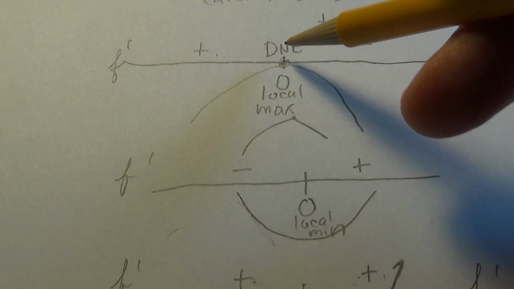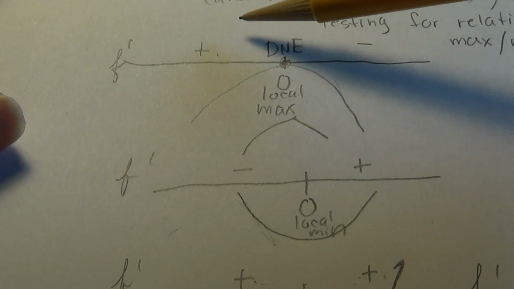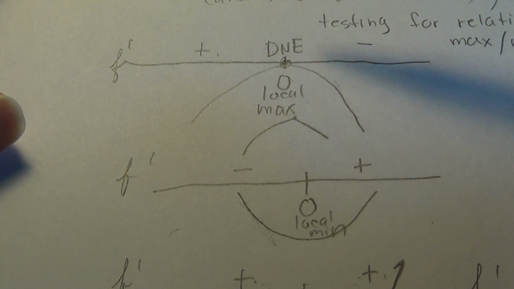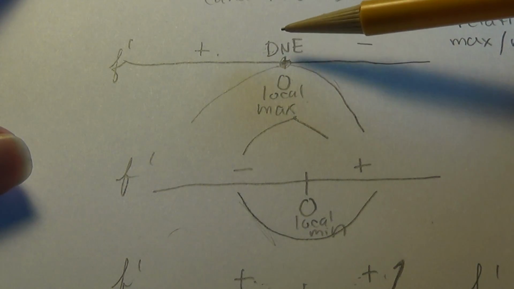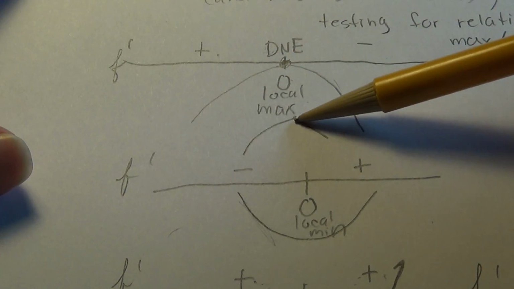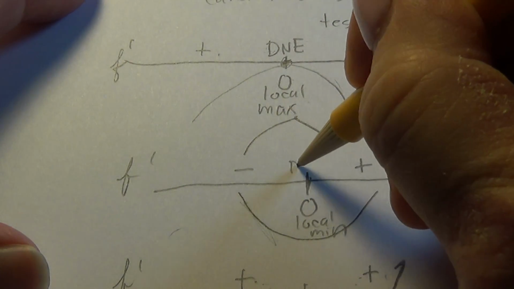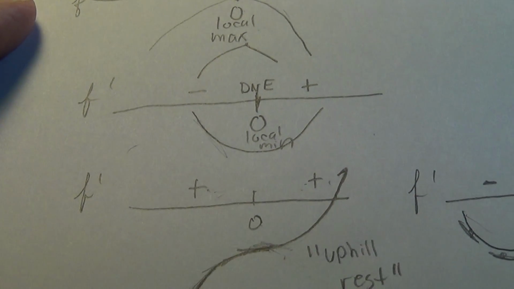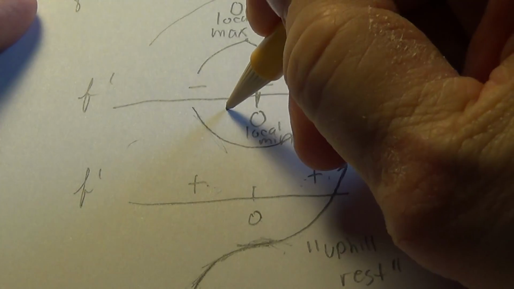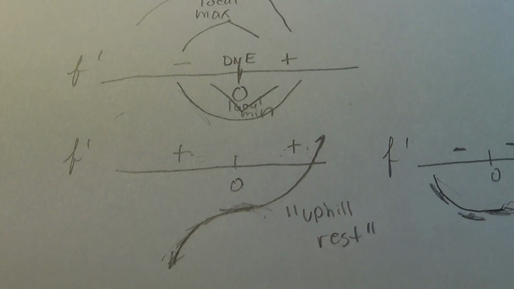So this is does not exist. That's what DNE I'm talking about. The derivative is 0, or it does not exist. And here, this is also true. We could have a derivative that's 0 or does not exist. And again, we could have a sharp turn like that, and that would qualify.